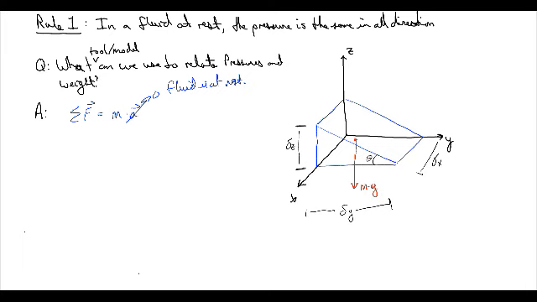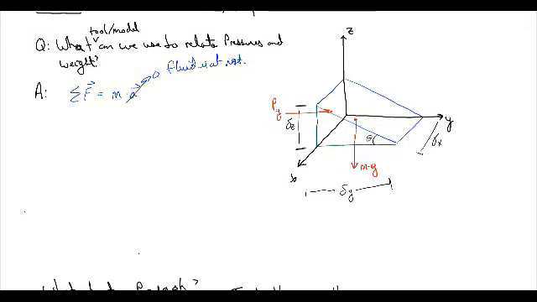right? On the left-hand side here, we have some pressure, Py, which basically means a pressure acting in the y direction. We have a pressure acting on the bottom, too, which is a Pz.